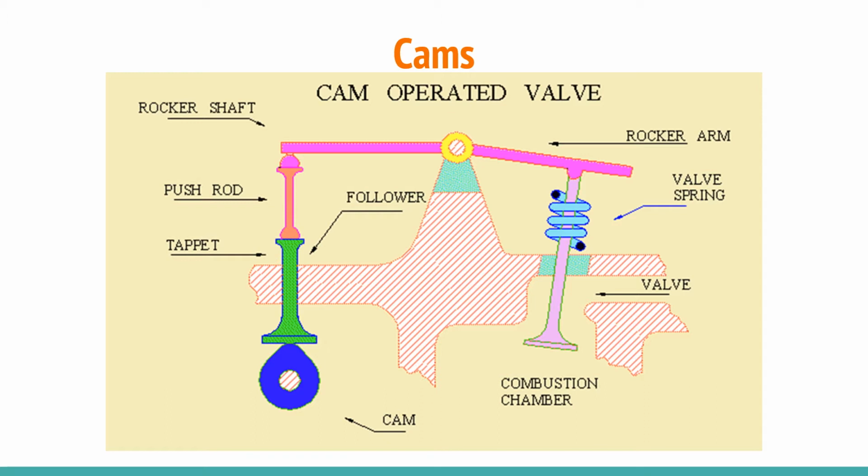Once the cam rotates, the tappet connected to the cam moves in a reciprocating direction, and it moves the push-pull rod that translates the linear motion to the rocker arm. With the help of this pivot joint, the rocker arm moves the spring that opens and closes the inlet and outlet valves.